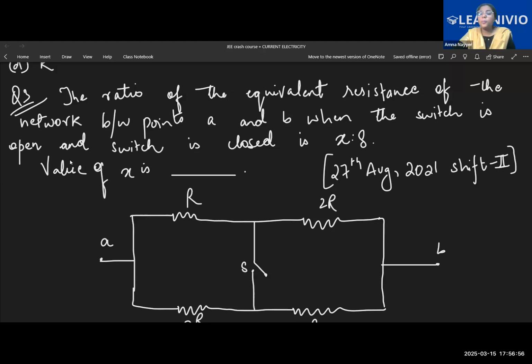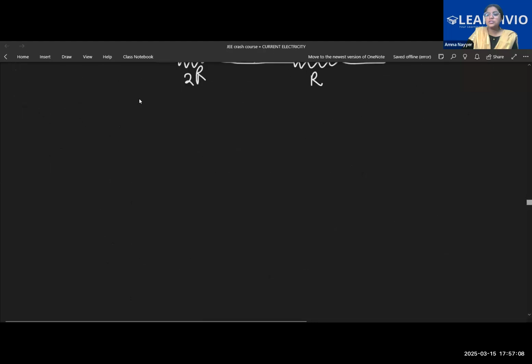When you have the open switch, across the open switch, will there be any flow of current? There won't be any flow of current. Switch is open, current is not moving. So what you do in such cases, draw two figures. One with the open switch. R is there. Next one is 2R.